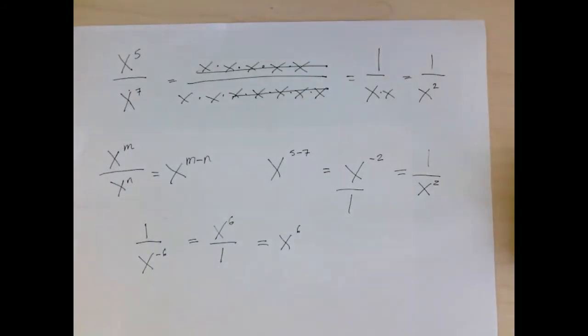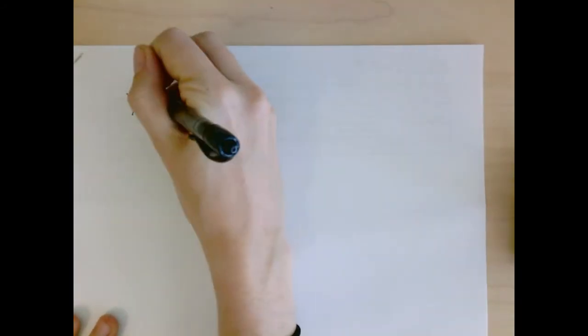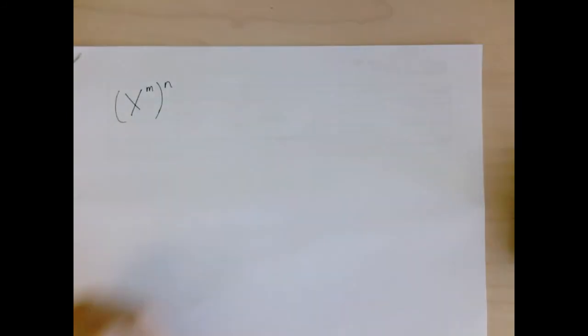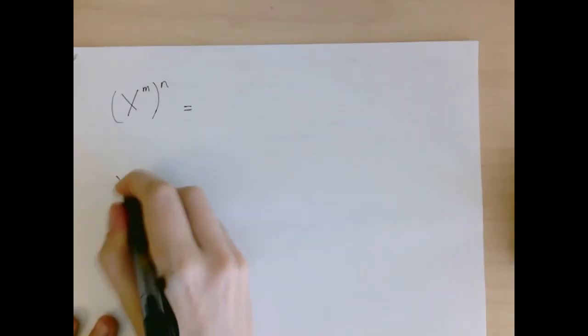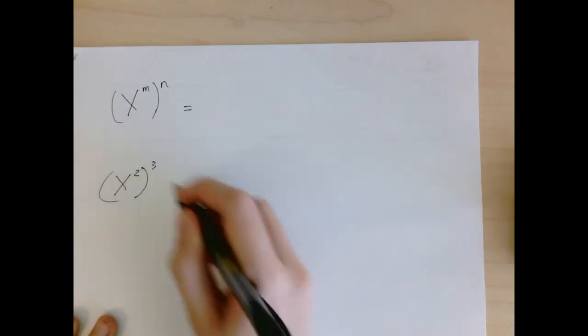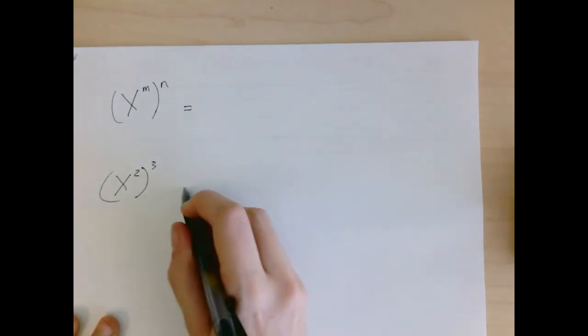And there's one final one, which is x to the m raised to the n is equal to, well, let's go find out. So if I have x squared raised to the 3rd power, what does that mean?